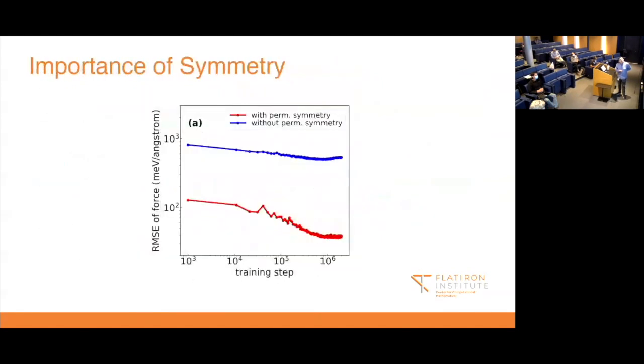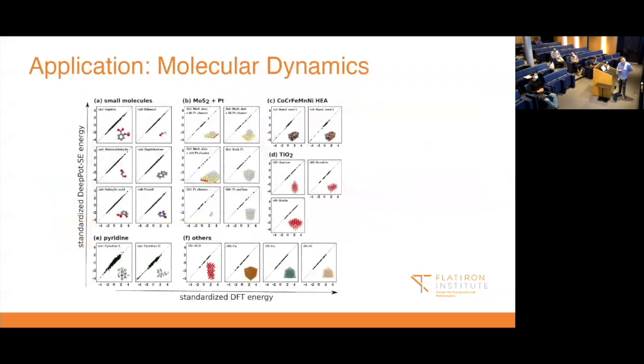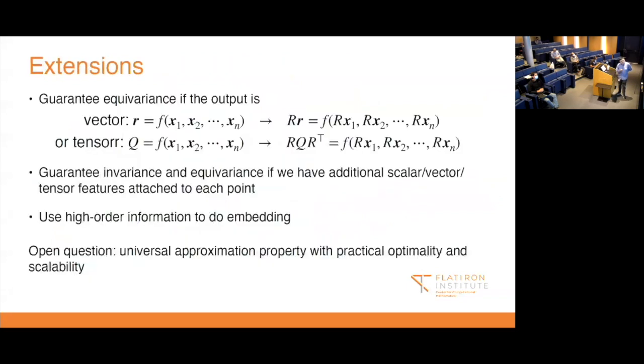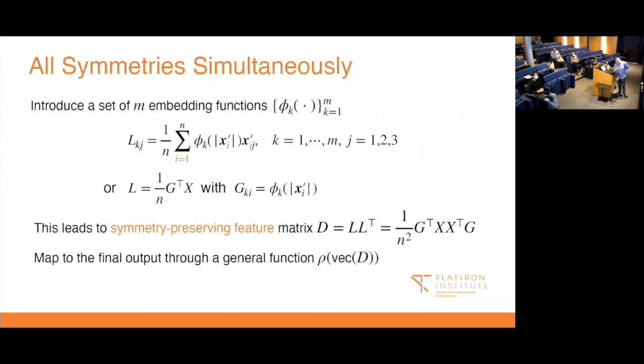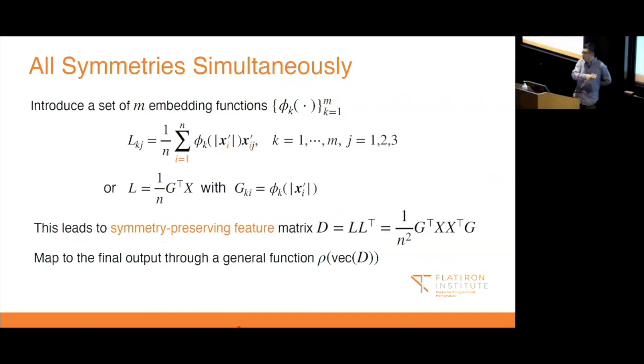So the computational complexity depends on a few things. First, the number of features you choose. This is m. And in terms of complexity in n, this is linear with n. So if you are considering a small graph, this is fine. But if you want to apply it in molecular dynamics, you will encounter millions of atoms.